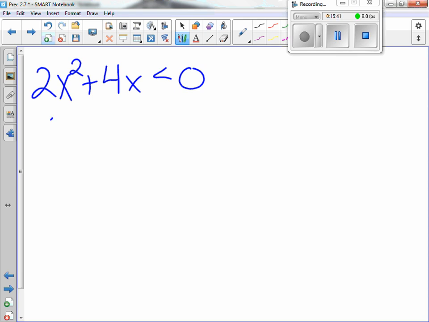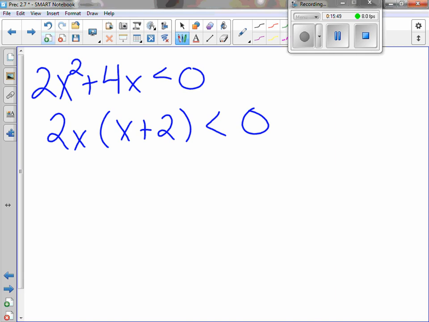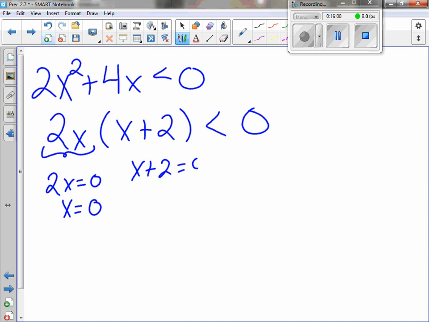The greatest common factor is x, which leaves us with x plus 2. So 2x is 0, so x is 0. x plus 2 is equal to 0, so x is -2.